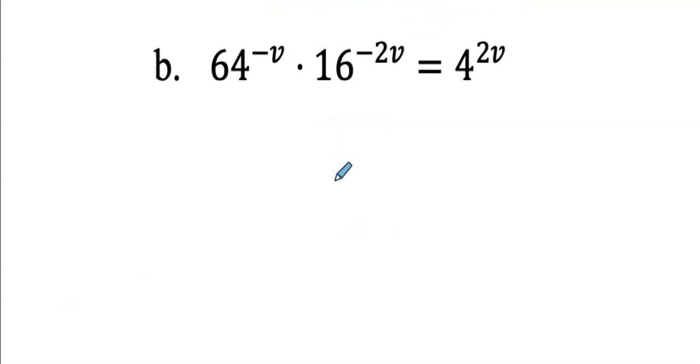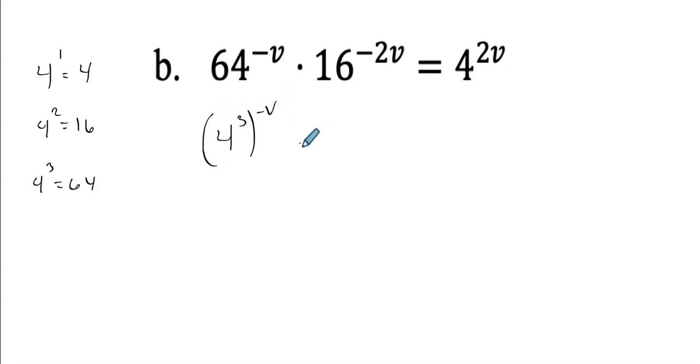Common base here is going to be 4. 4 to the first is 4. 4 squared is 16. And 4 to the third is 64. So I can rewrite these all at base 4. So continuing, this 1 over 64 is 4 cubed to the negative v power, times 16 is 4 squared to the negative 2v power, and this one's fine as it is, to the 2v power.